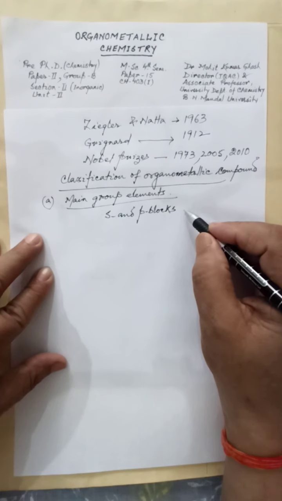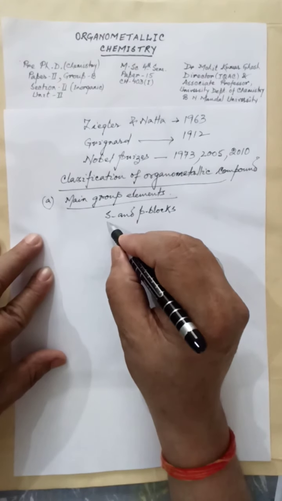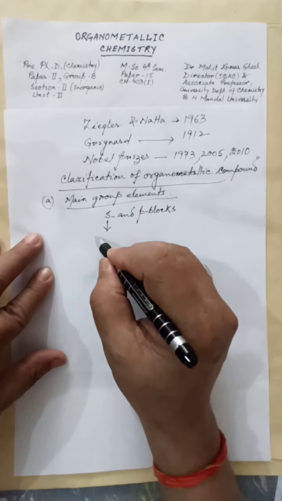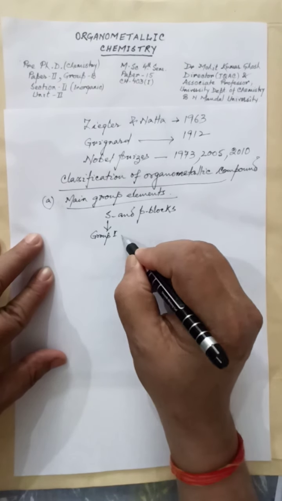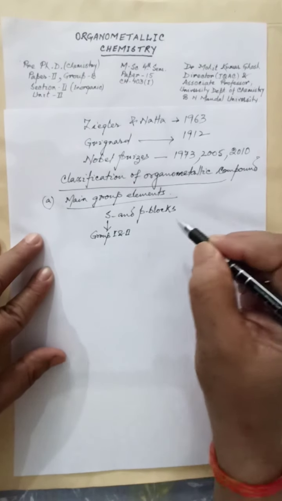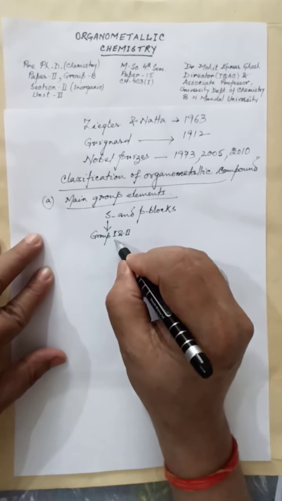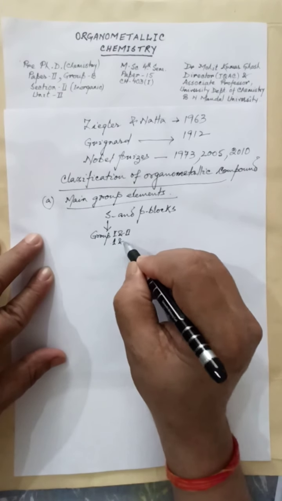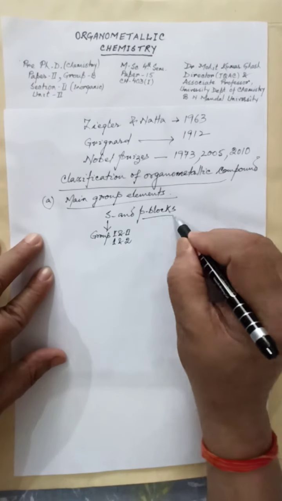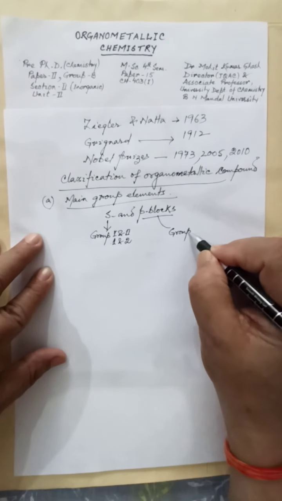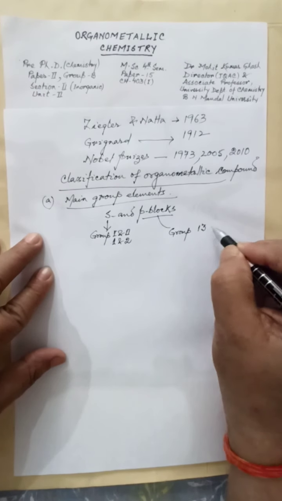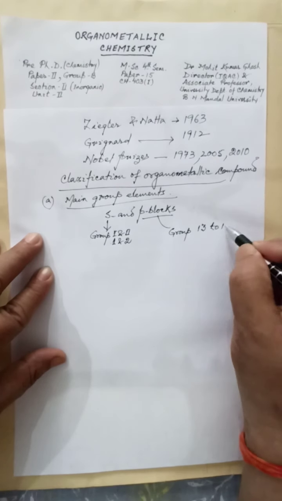They are called main group elements. The S block has groups 1 and 2. Nowadays it is written group 1 and 2, and the P block is from group 13 to 18.